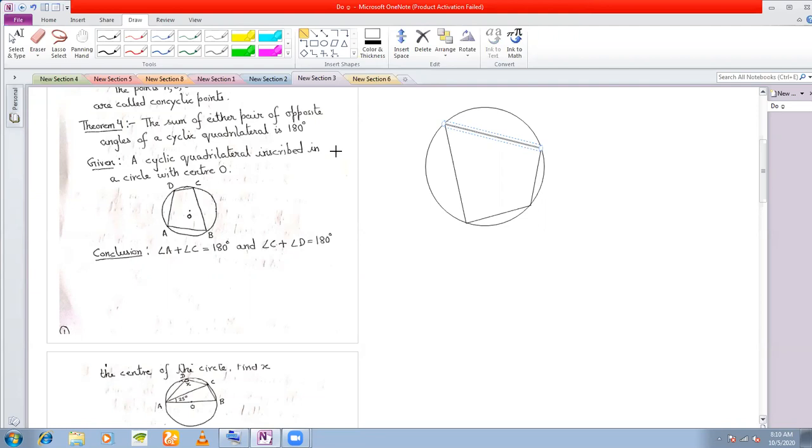Suppose this is any cyclic quadrilateral. Okay, so given to you is that ABCD is a cyclic quadrilateral.